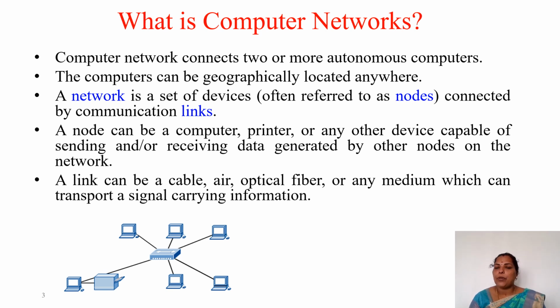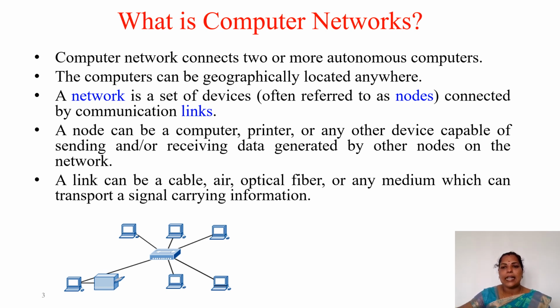And a node can be a computer, printer or any other device capable of sending and receiving data generated by other nodes on the network. Suppose we have a lab in our college, then all the devices are located in one place, and through wires each and every device is connected to the network. In the lab we all use different computers or different devices, and each of us is connected through a network, through some communication link.